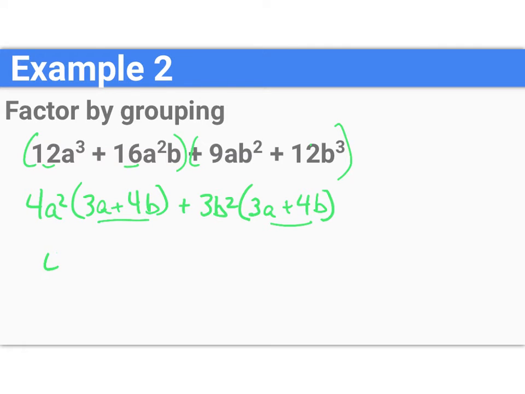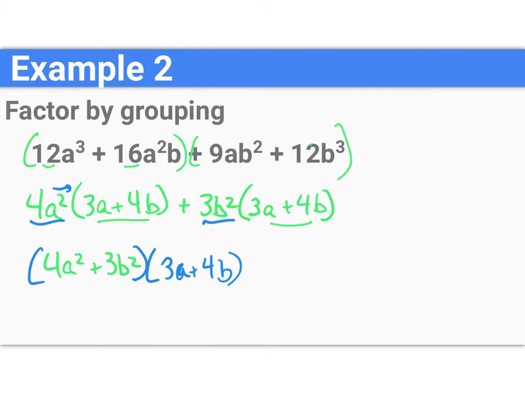So now we got 4a squared plus 3b squared. We can see that these terms are not alike. So what if we put them in their own parenthesis? And then 3a plus 4b. As you can see, the 4a squared is multiplied to the 3a plus 4b, and so is the 3b squared.